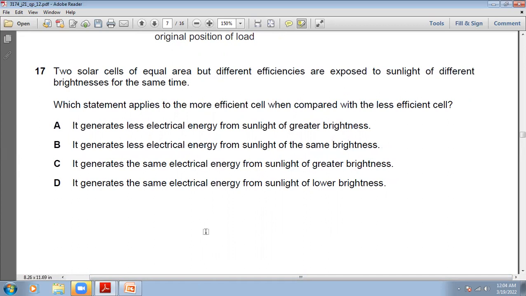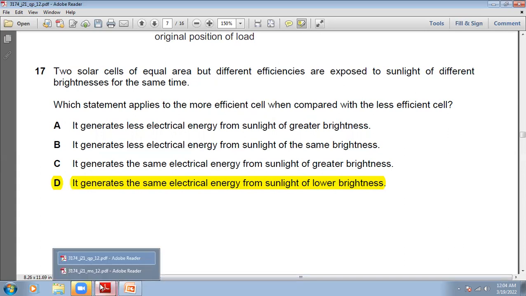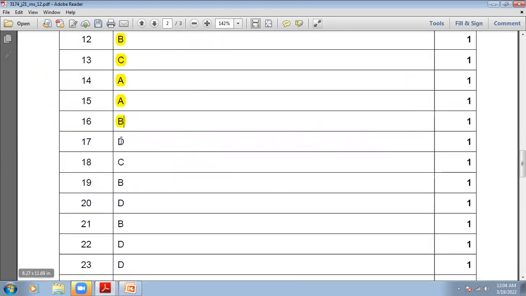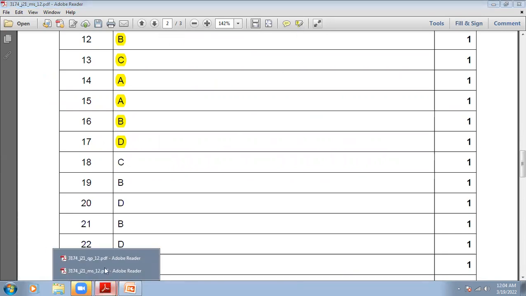The best sentence which describes something more efficient is this one: it generates the same electric energy from sunlight of lower brightness. So question number 17, D is the right choice.